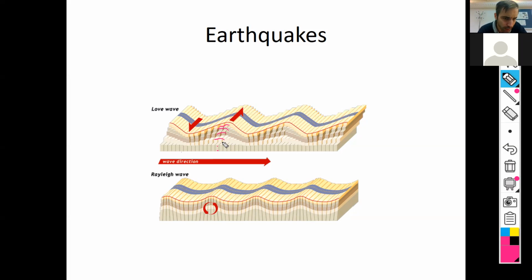And it's harder to see, but the same is true for the Rayleigh waves. A point up here is going in circles of maybe that size, while a point down here is moving in much smaller circles, and a point down here is probably not moving at all. So that's why they're called surface waves, because they only affect the surface of the material.